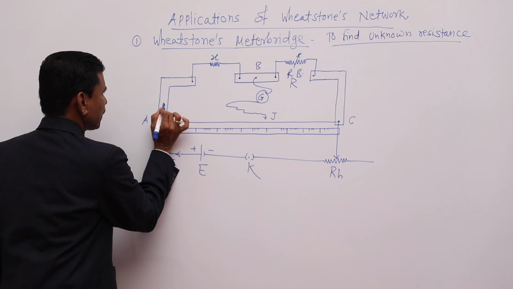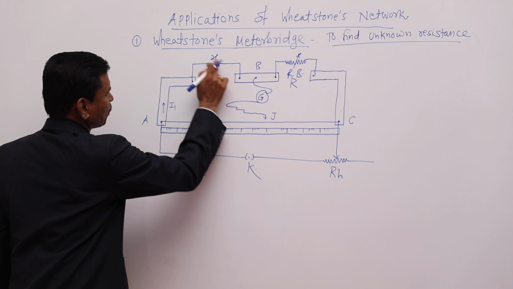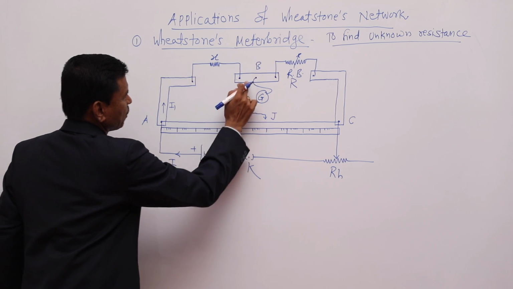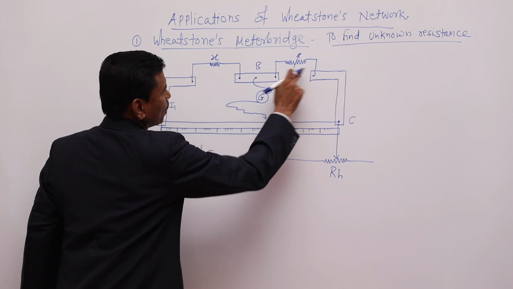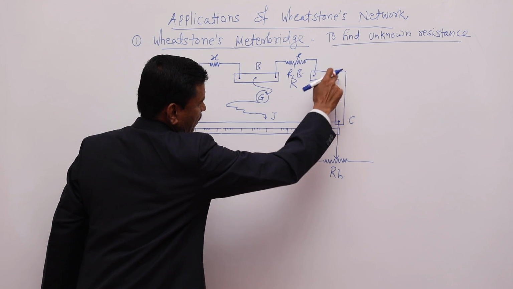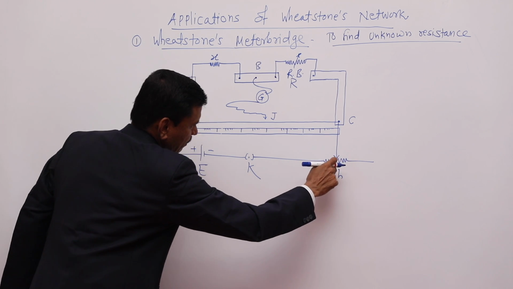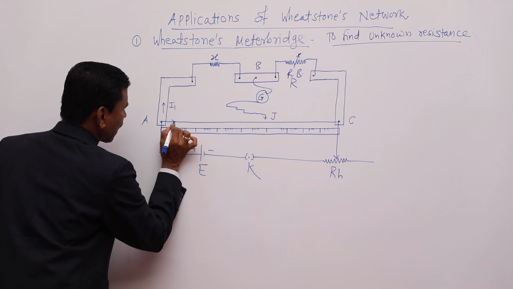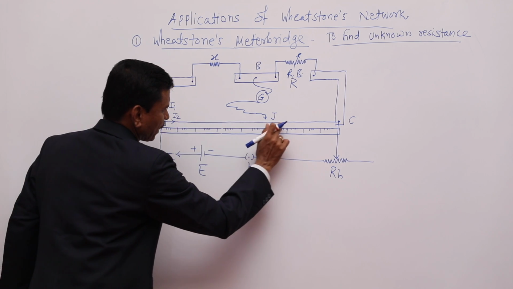Let I1 current be flowing in this branch. So I1 current will flow through the resistance X. Then it will flow towards the galvanometer or towards resistance R. Then it will travel through the copper strip and come back. And the remaining current I2 is flowing in the wire. I2 current will flow here in this way.